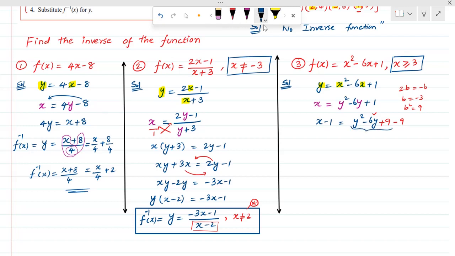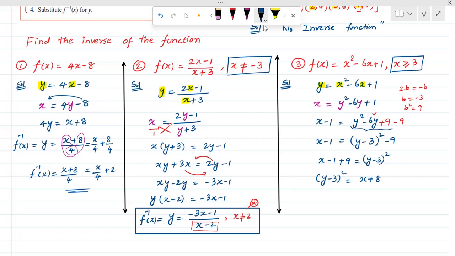So this is a perfect square: (y − 3)² − 9. If you move the 9 here, it becomes x − 1 + 9 = (y − 3)². I can rewrite this: (y − 3)² = x + 8.